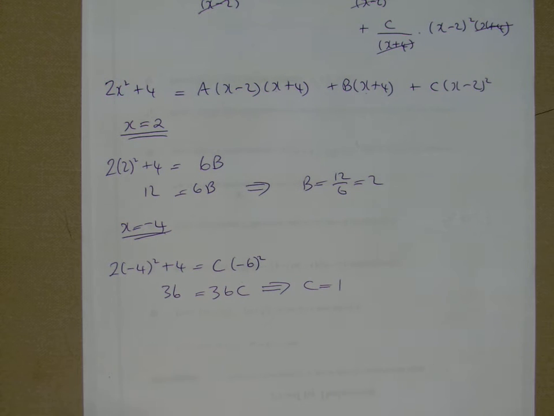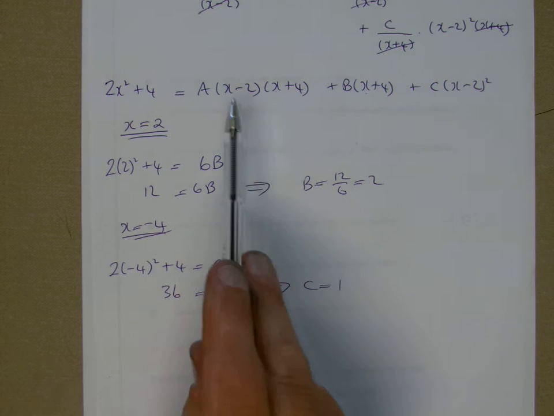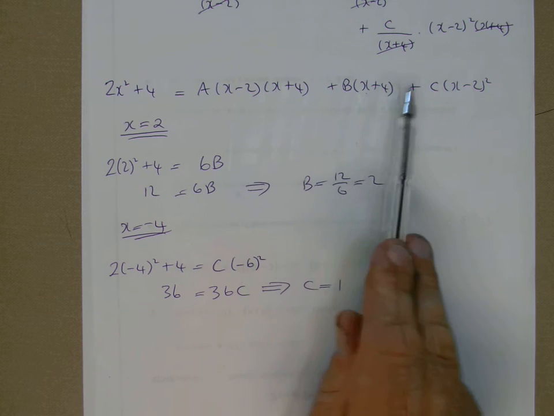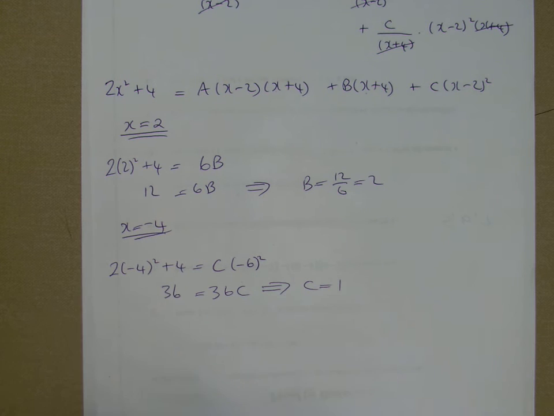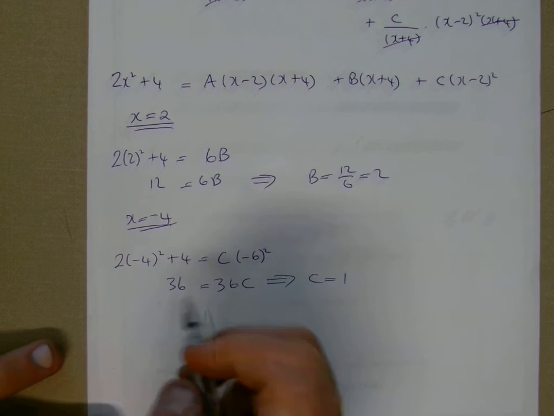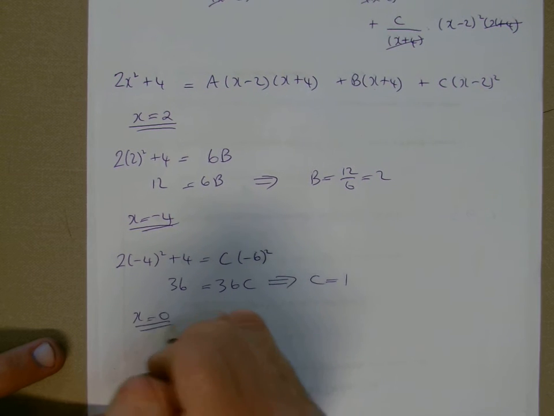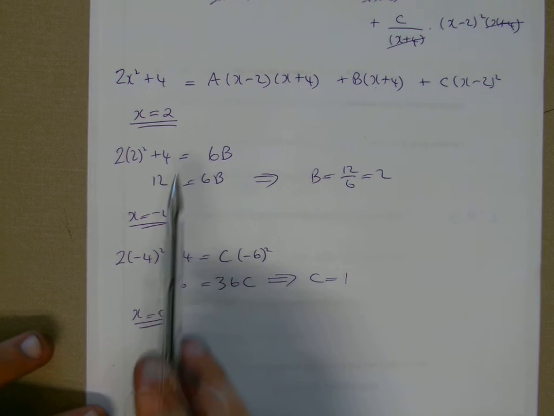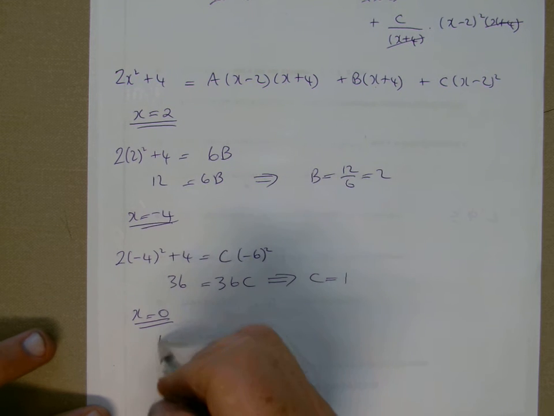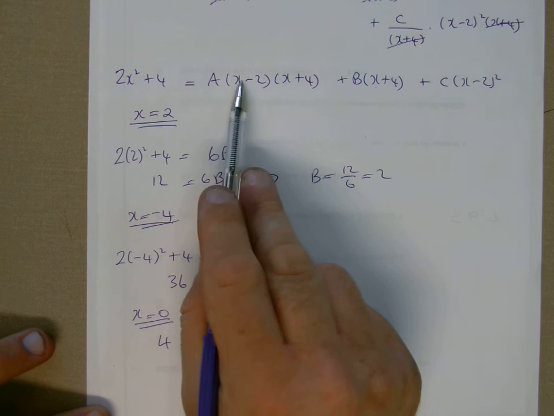Finally, to get A, there's no other value you can set x to so that terms eliminate. So I'm going to choose a different value. You can choose any value, but the most sensible one is 0, because there's less work to do. Putting x as 0, the left becomes just 4.